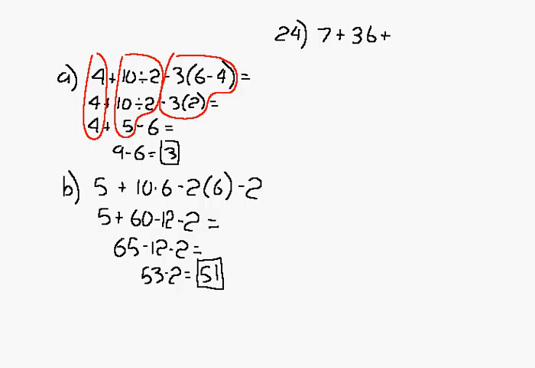And then plus 3 times 11 minus 2, that's 9. 3 times 9 is 27. Okay, so we've done all that multiplication in our head. So now let's go ahead and add. 7 plus 36 is 43, plus 27 equals 70.